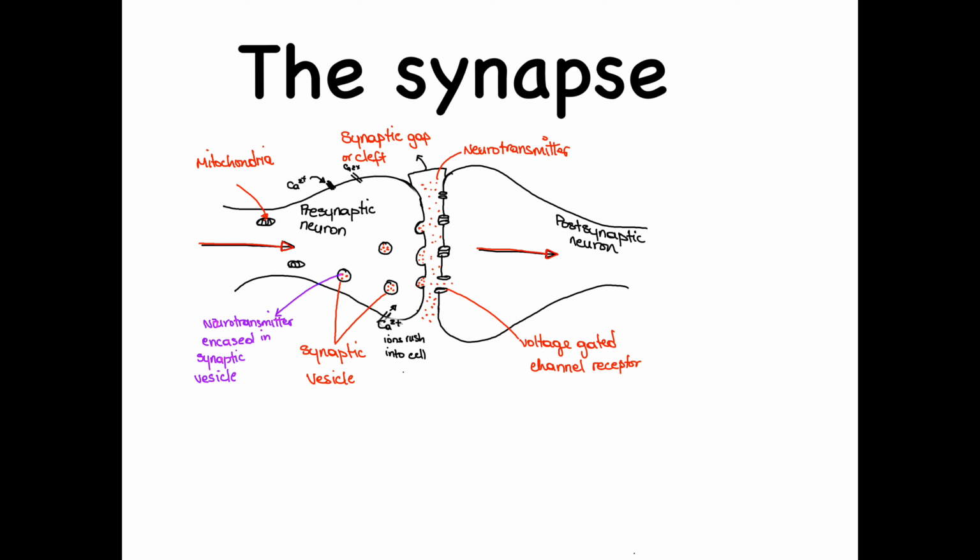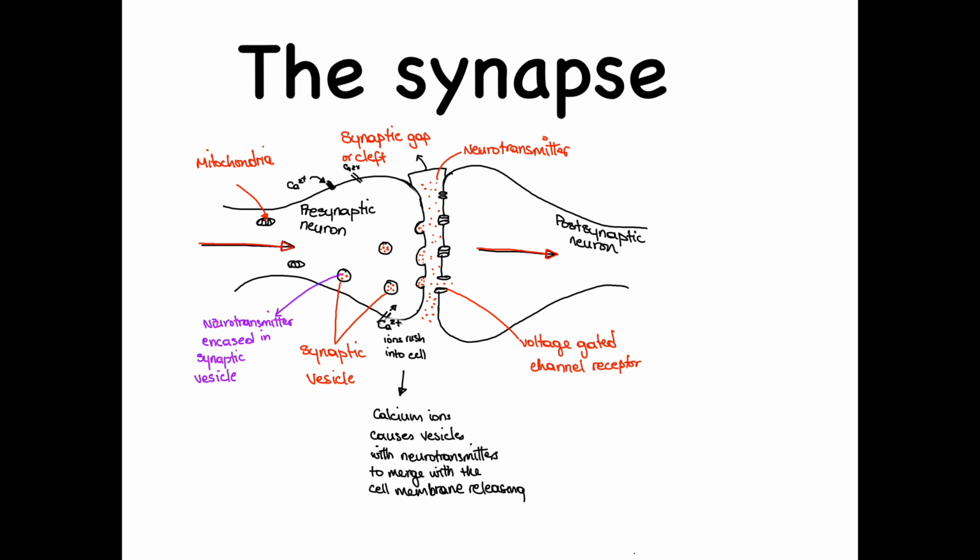So the calcium ions rush into the cell. The calcium ions cause the vesicles with the neurotransmitter to fuse with the cell membrane of the presynaptic neuron.